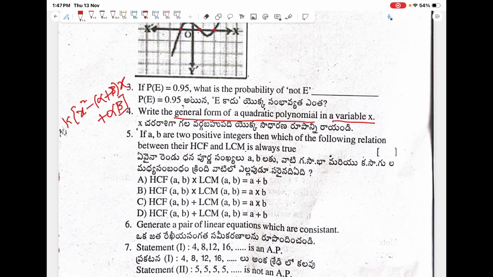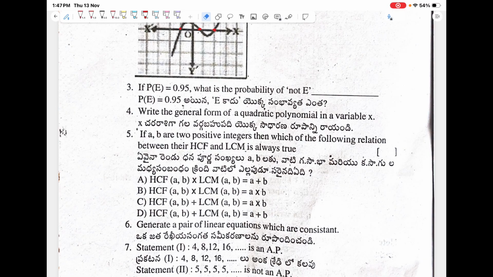This is the general form of a quadratic polynomial. You can add equal to 0. So k into x square minus alpha plus beta into x plus alpha beta equal to 0. This is the general form of a quadratic equation.